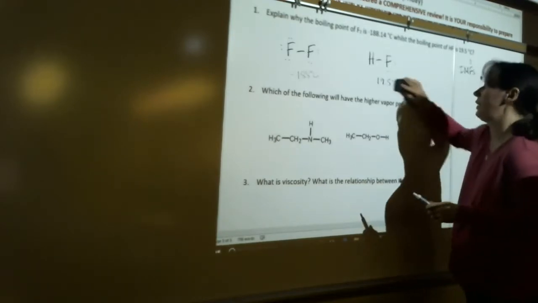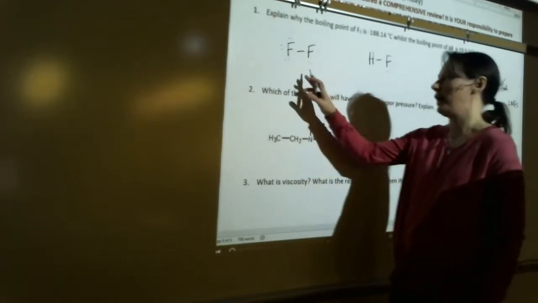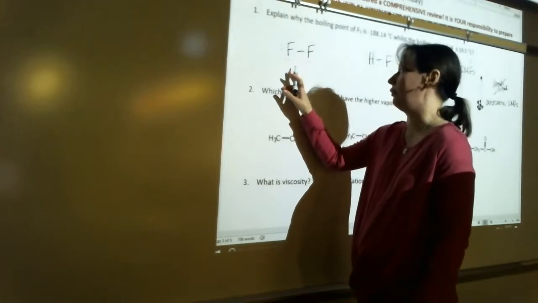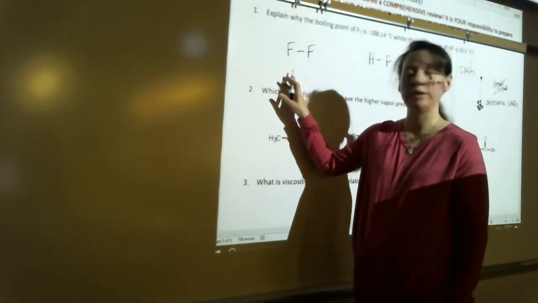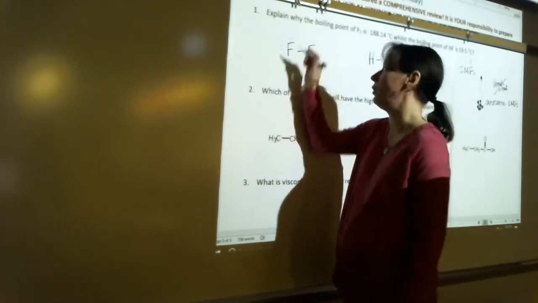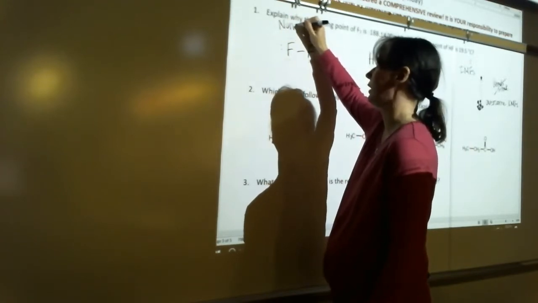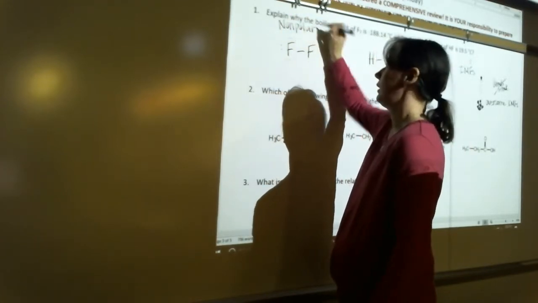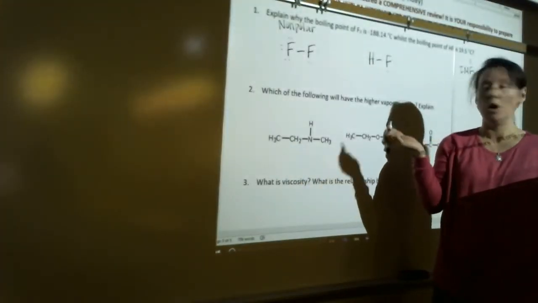So let's just compare then the intermolecular forces in these two molecules. What IMFs would F2 have? First, let's ask ourselves, is it a polar molecule? Polar or nonpolar? Nonpolar, right? Even though fluorine is extremely electronegative, can you share electrons unevenly with yourself? No, that doesn't make sense.